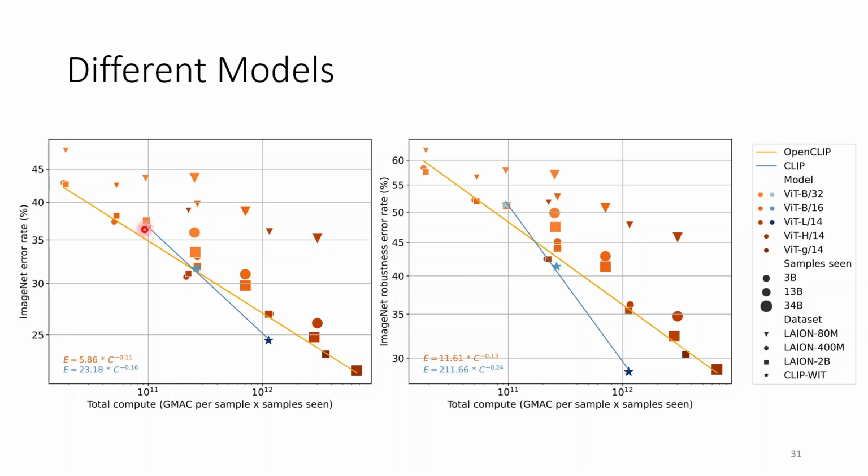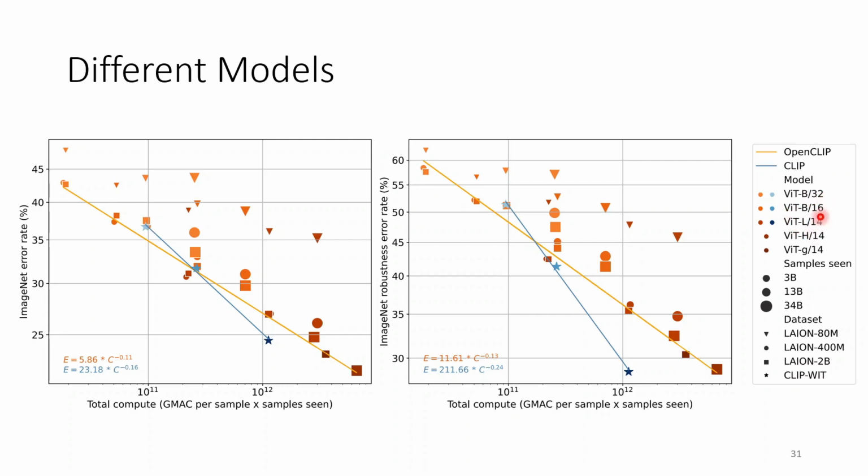This is the small CLIP, medium size CLIP, and a large CLIP. They use different transformer architectures. The small one uses ViT base with 32 by 32 patch size or 16 by 16 patch size.